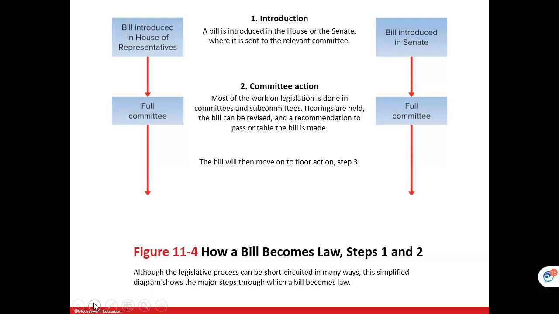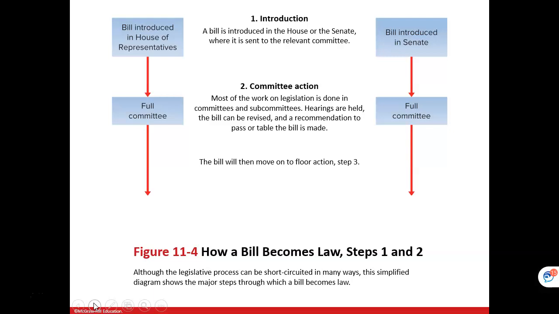If it is introduced in the Senate, it will have S. There are sometimes resolutions, and those are going to have HJR. A resolution is literally just something that we think is important, and it is not a substantive bill. All right, so we are going to first talk about a bill going through the House of Representatives.